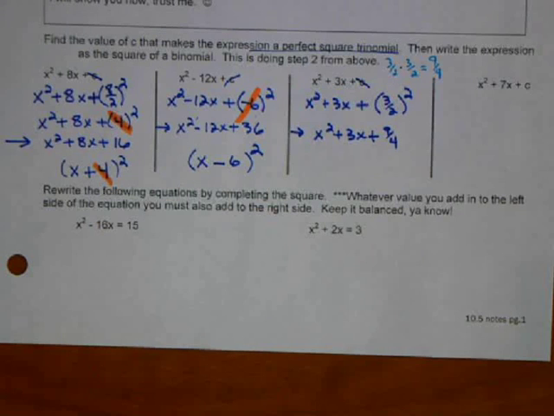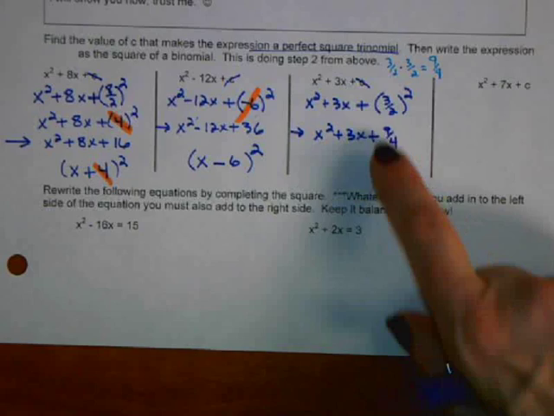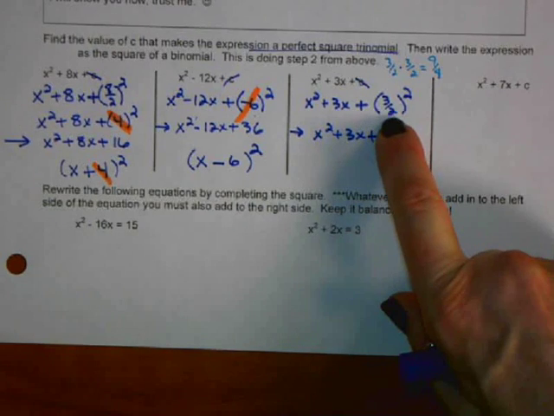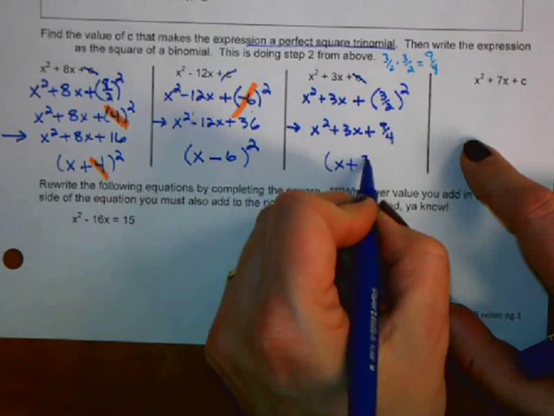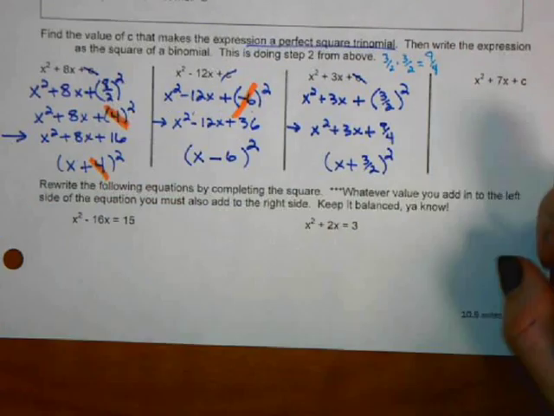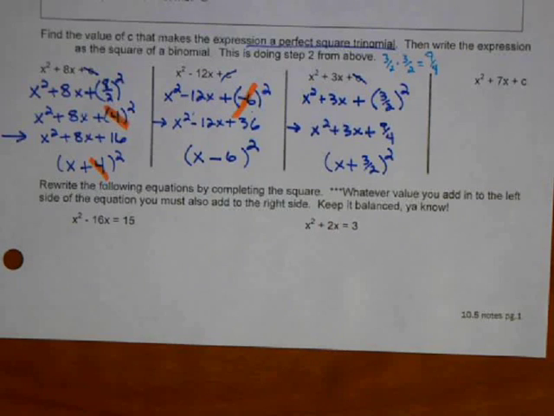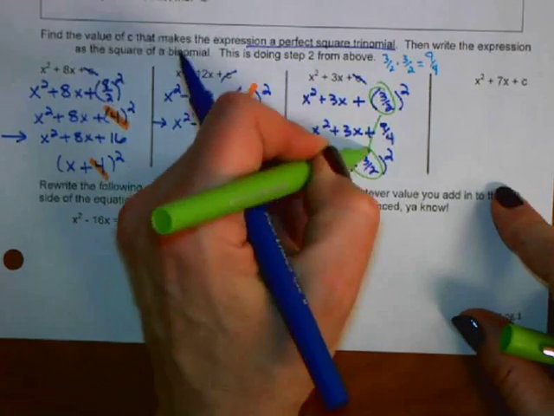Now if I were to factor that, I have to take the square root of 9/4, which is what? 3 halves. So all I have to do is write what's inside there. That's what goes there. That's the beauty of creating the perfect square trinomial. It's really easy to write it as a square of a binomial. Real easy. Okay, see, this number and this number are going to be the same.